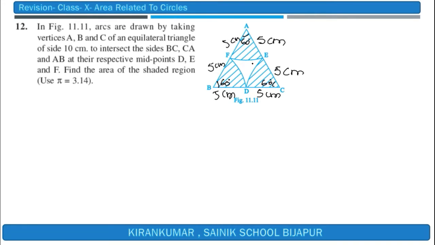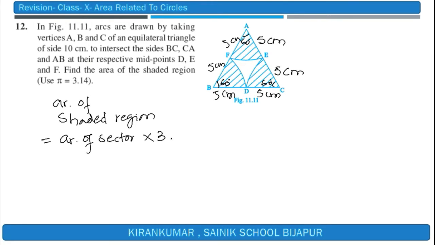There are 3 such sectors, so the area of the shaded portion will be equal to the area of 3 sectors. So area of shaded region equals area of sector multiplied by 3 times.